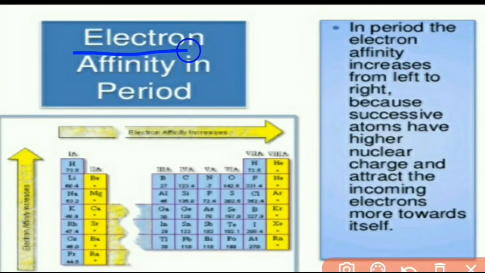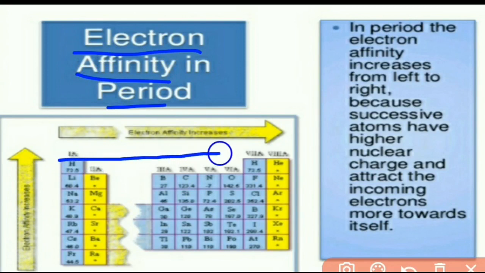Periodicity of electron affinity in a period. When we move from left to right in a period, electron affinity increases because successive atoms have higher nuclear charge due to addition of electrons in the same shell. Therefore, the attraction force increases because the number of protons increases from left to right, attracting electrons more towards itself.